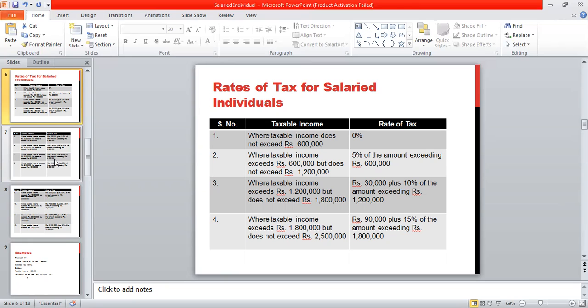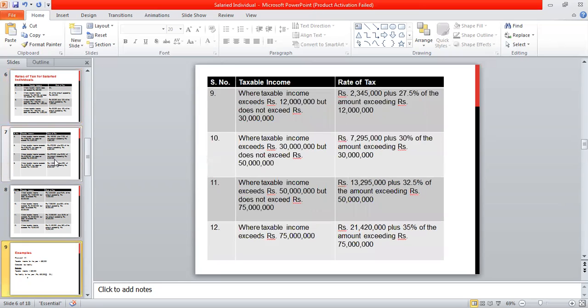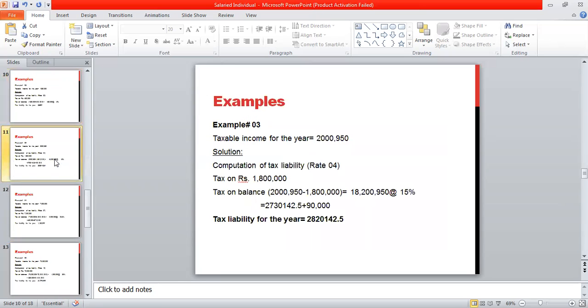We have 16 lakh. So 16 lakh minus 12 lakh is 4 lakh. So we calculate 10% on 4 lakh.